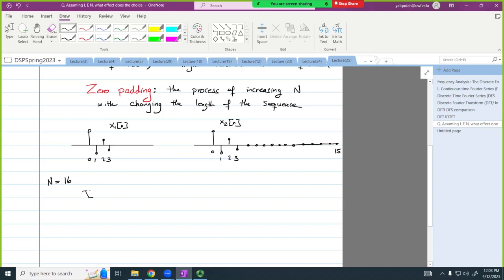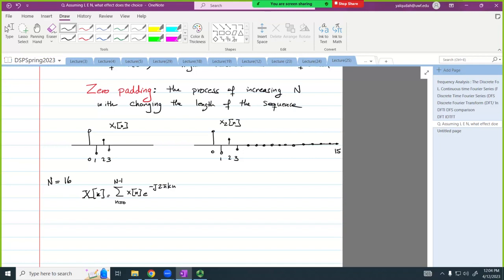To calculate x of k, I get the summation from n equals 0 to n minus 1 of x of n e to the negative j 2 pi k n over N. Whether I calculate x of k using this signal or this signal, I'm going to get the same results.